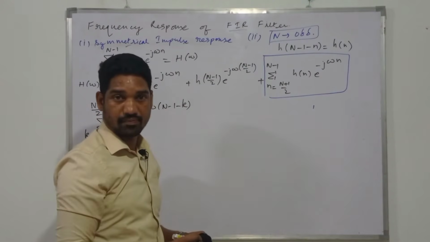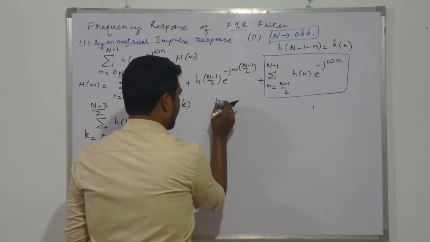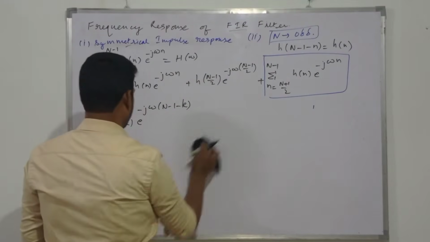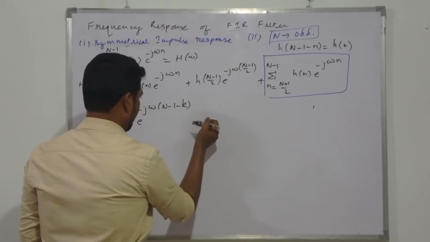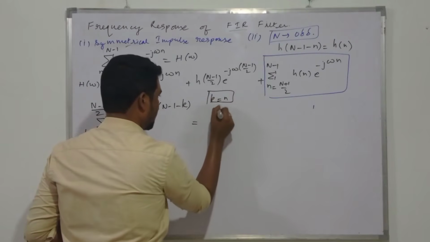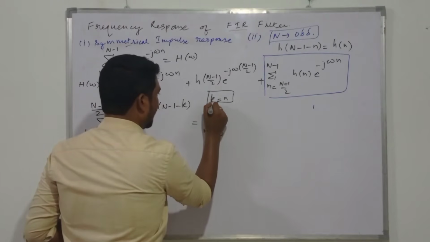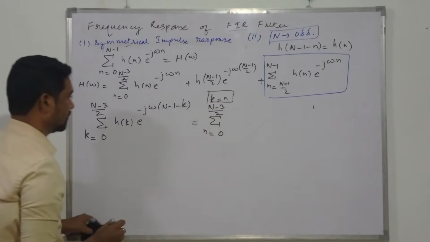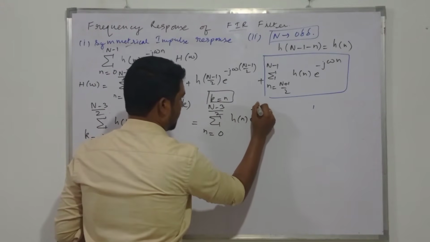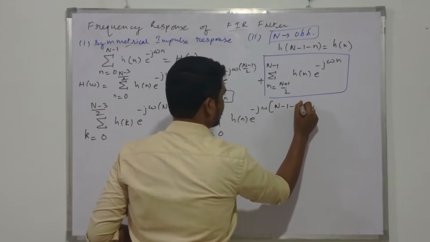Okay, so guys, here k is just an index. It isn't a big deal if we go for k equal to n. That could be plugged in back with k equal to n. So the summation takes the form summation n equal to 0 to (N-3)/2 of h of n e raised to minus j omega (N-1-n).